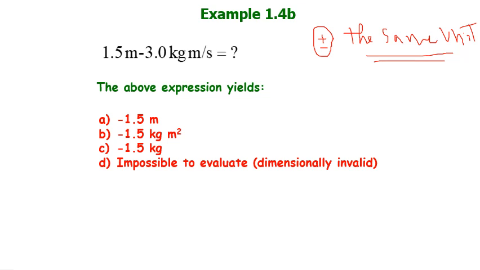So can we convert one to another? No, because they are not units for the same quantity. Meter for length, kilogram meter over second, not for length. So we can't convert one to another by conversion factor.